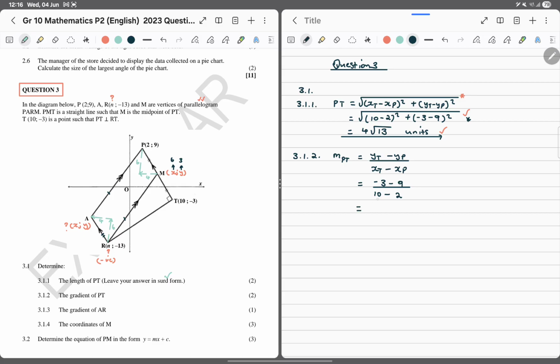So this is minus 12 over 8, which is going to be minus 3 over 2. Great. So I can just put it in the calculator or evaluate it. Sometimes don't starve your brain a chance to stay awake. So simple calculations, please use your head as best as you can.